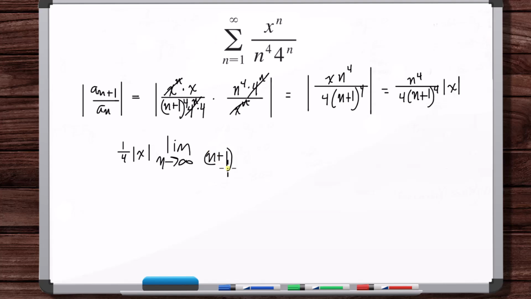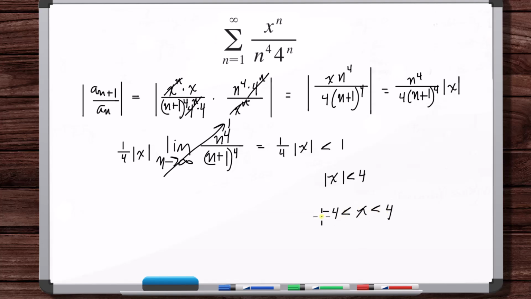And we know this limit here: the order of the numerator is 4, the order of the denominator is 4, and the coefficients are both 1 on the 4 term. This is going to be 1. So we've got the absolute value of x less than 4, and we saw how to solve this. This is centered about 0, so the radius of convergence is 4. And we're going to have minus 4 and 4. We just need to check the endpoints.